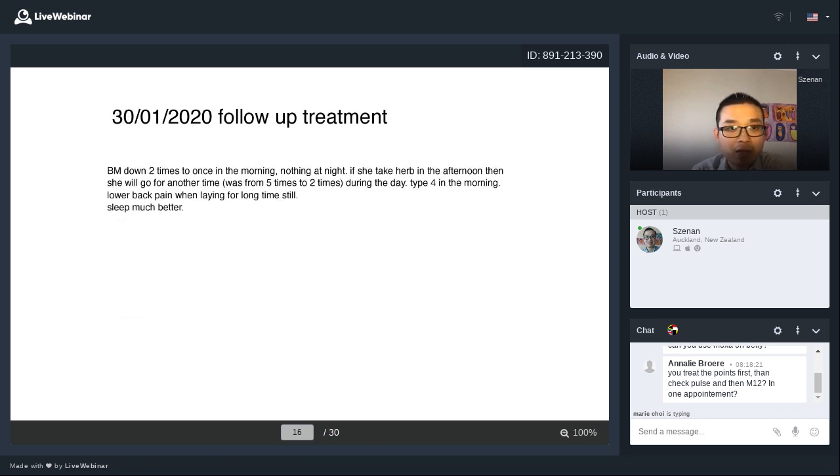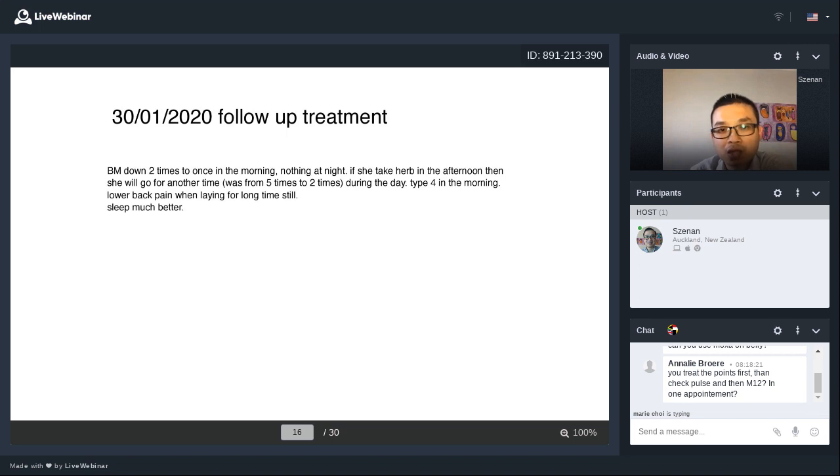Okay, now on the 30th, after 7 days, bowel motion, last time it was down to 2 times, right? Two times down to once in the morning. So nothing at night time anymore. She told me that because I want her to sit through the day and start with this treatment, something weird happened.